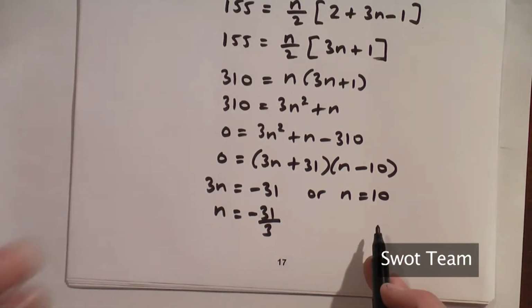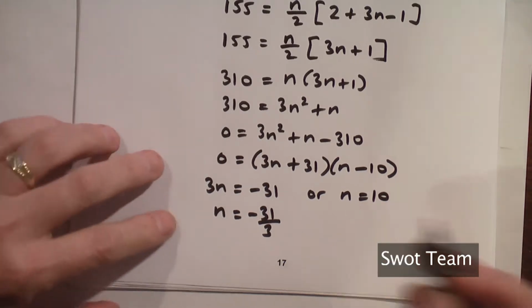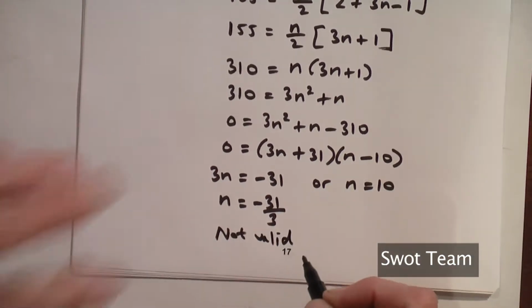Okay, now I want you to listen to me carefully. There are two things that emerge out of this. Firstly, we want to know how many terms sum to 155. But the big problem is that we've got a horrible quadratic trinomial, and we also have two values for n. You probably agree with me that this is not valid, because you cannot have a negative number of terms.